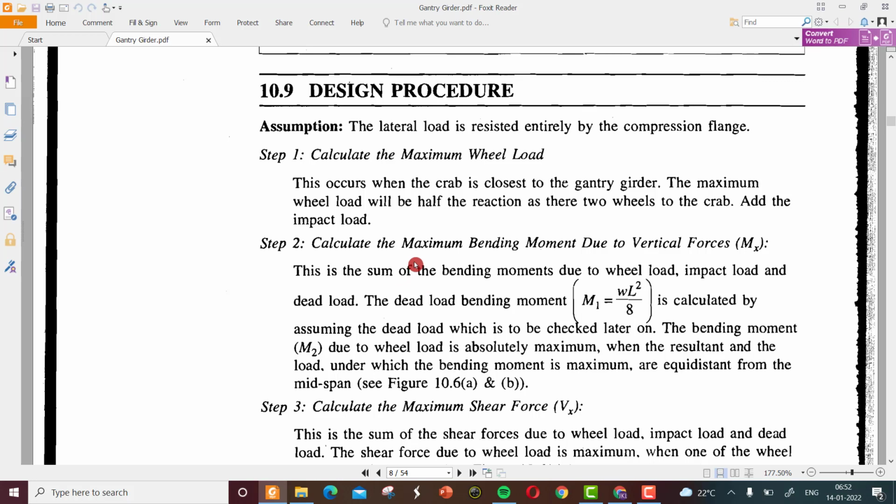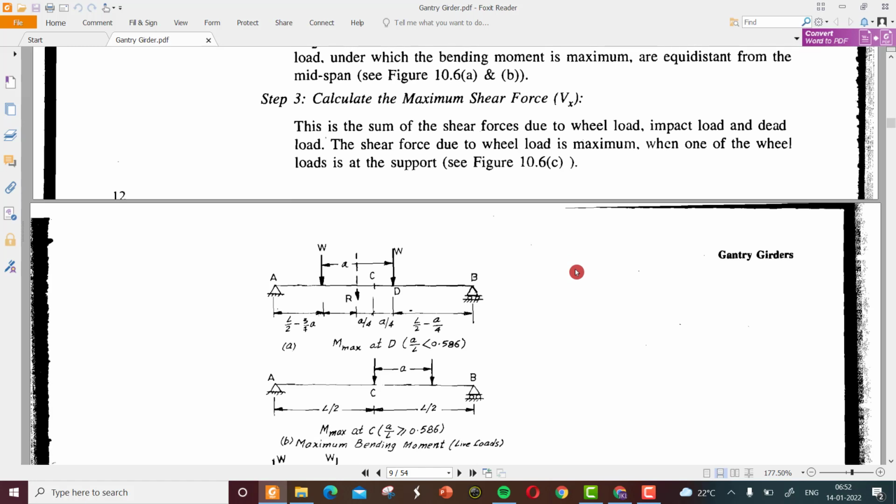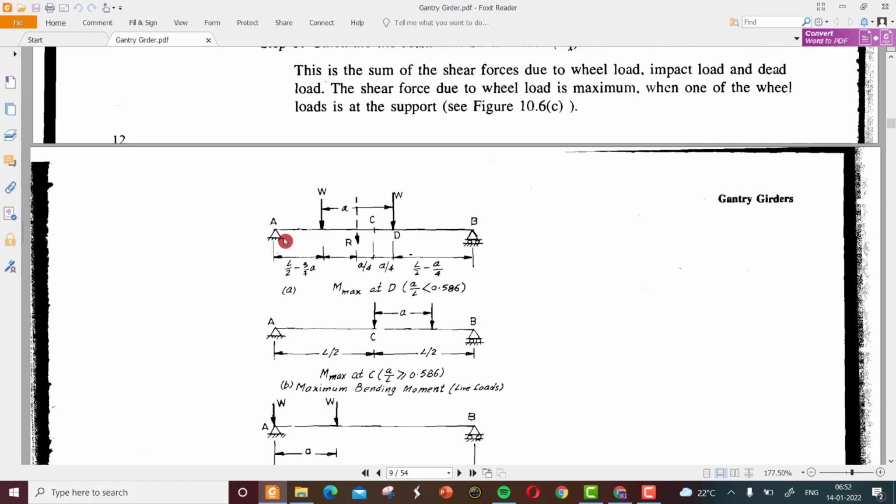Second is to find the maximum bending moment due to the vertical forces. Third step, to find the maximum shear force due to the vertical loading. This figure shows that AB is the gantry girder, and these W are the weights from the crane bridge on a wheelbase of distance A. And by structural analysis, we can find the maximum bending moment as well as the maximum shear force for this arrangement.